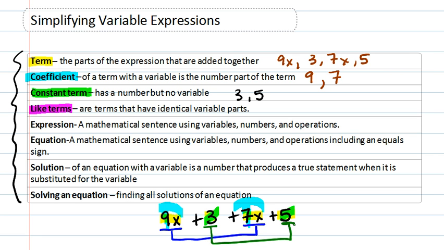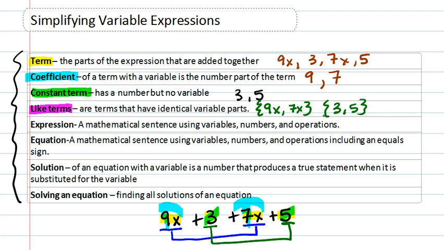They would also be considered like terms. So if I were to list my like terms, I would say that 9x and 7x are like terms, and 3 and 5 are like terms for this specific expression.